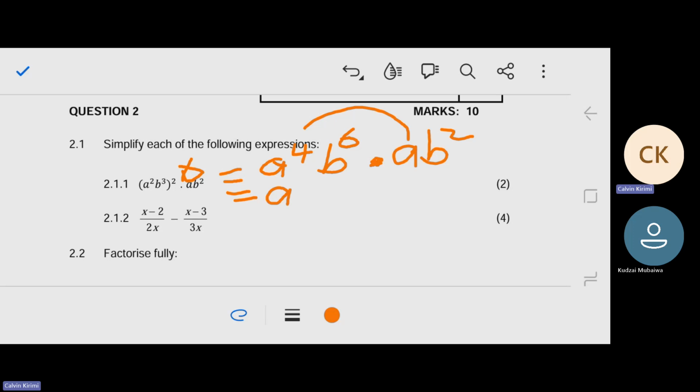Simplify this term. I want to know what is your answer. Sir, is it 2a to the power 4?